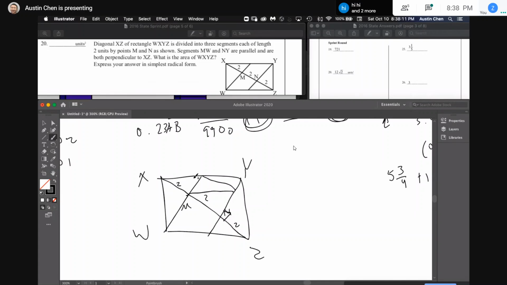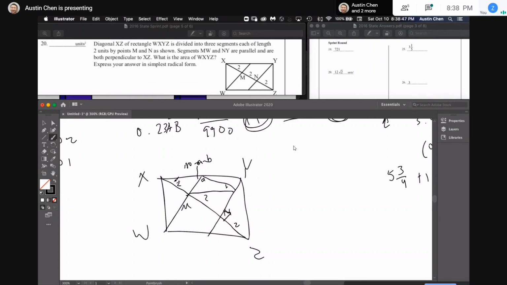So what if we tried saying that this angle is A and this angle is B? Then this angle would be 180 minus A minus B. So this triangle is congruent to this triangle, right?